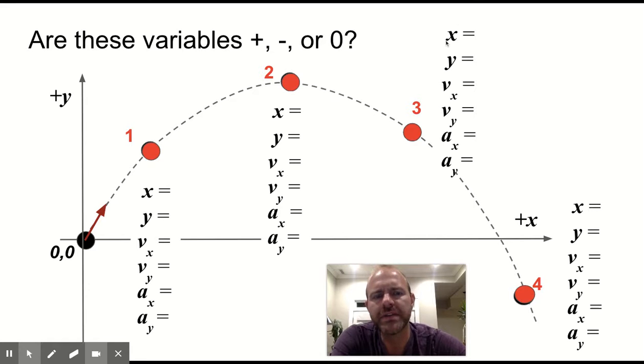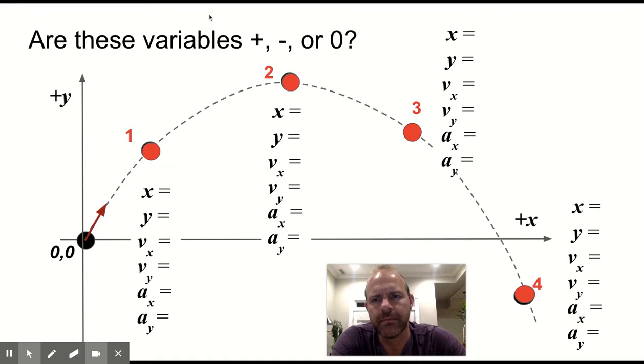Some of them are always the same. The acceleration in the y direction is always going to be down and negative. The acceleration in the x direction is always going to be 0. The position in the y and x direction will depend purely on where they are on the grid and what you've called the origin. And the velocity signs will depend on whether it is moving up, down, right, or left.